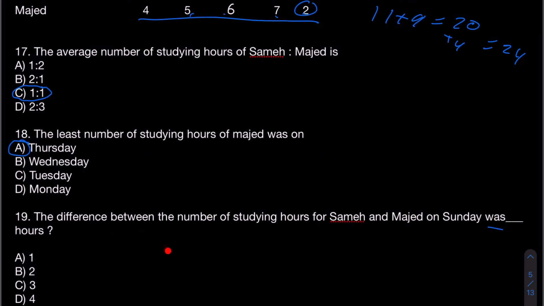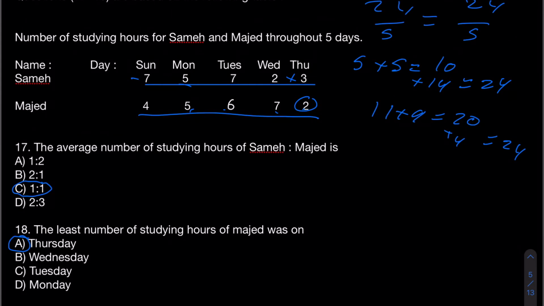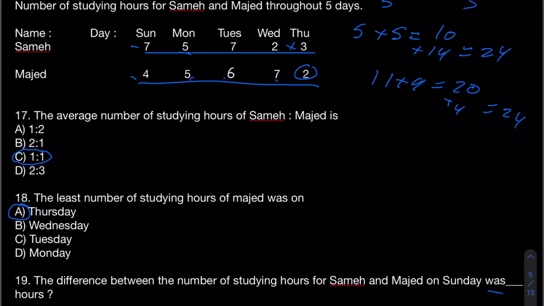The difference between the number of studying hours, they literally just mean, okay, go to Sunday, 7, 4. What is 7 minus 4? On the Qudurat exam, you are being asked, what is 7 minus 4? And that's 3. That's how you just fly through these questions.